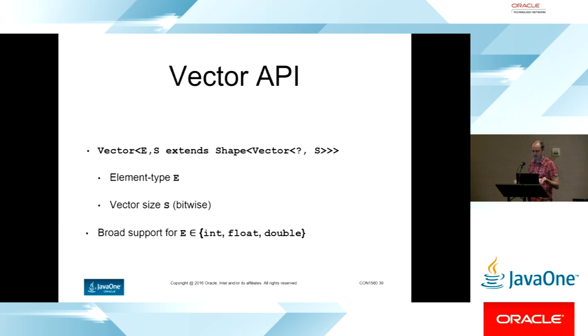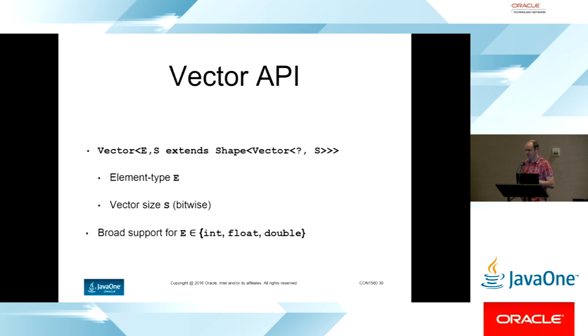And the base type is just Vector. So you see this here, it's just Vector<E, S>, where S is a shape. Shape is the vector size, which is a bitwise size, and this is primarily for correspondence to register classes. So you'll have a 64-bit register, a 128-bit register. This isn't set in stone. We have, I think, had some back and forth conversations on whether or not it should be vector length, so element length.